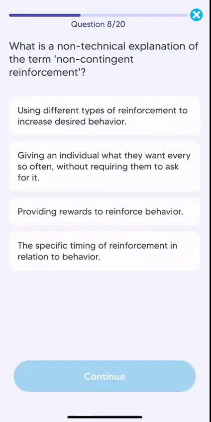Yeah, correct. What is the non-technical explanation of the term non-contingent reinforcement? Using different types of reinforcement to increase desired behavior; giving an individual what they want every so often without requiring them to ask for it; providing rewards to reinforce behavior; or the specific timing of the reinforcement in relation to behavior.